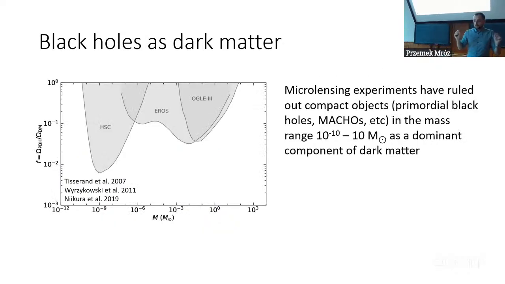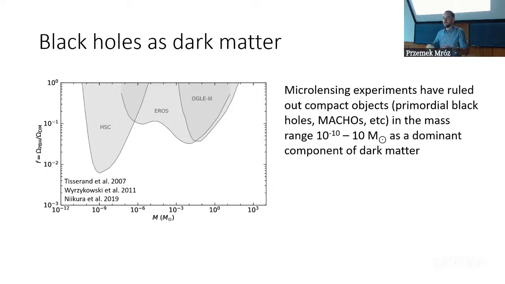Of course, we know that observations by OGLE and other microlensing experiments basically ruled out compact objects as dark matter. These were the works by Łukasz and Patrick Mróz, which basically showed that you cannot have compact objects as dark matter with masses from 10⁻⁷ up to roughly 10 solar masses.